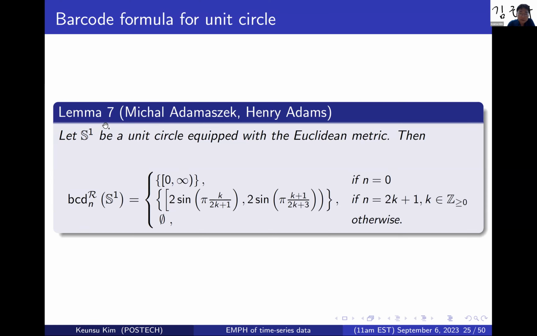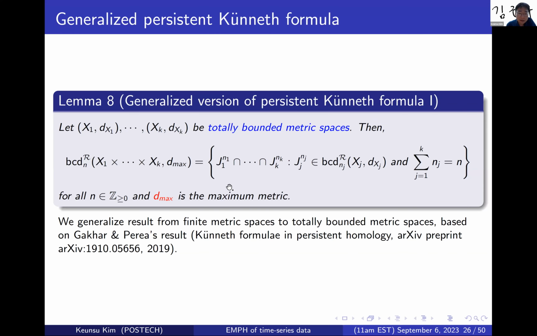Adams, Bush, and Adams proved the barcode formula of a circle under Rips filtration. And the result is this formula. And Gakhar and Perea proved the general persistent Künneth formula, and we generalize the condition from finite metric space to totally bounded metric space, because a circle is not a finite metric space but a totally bounded metric space.